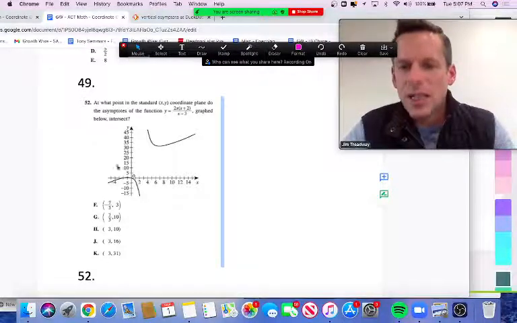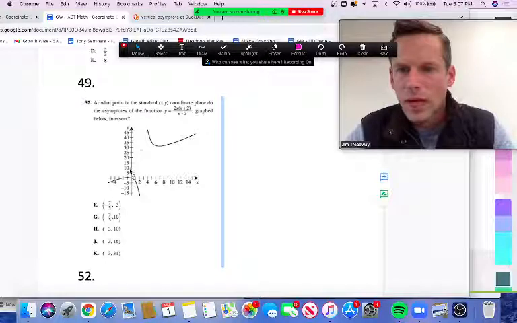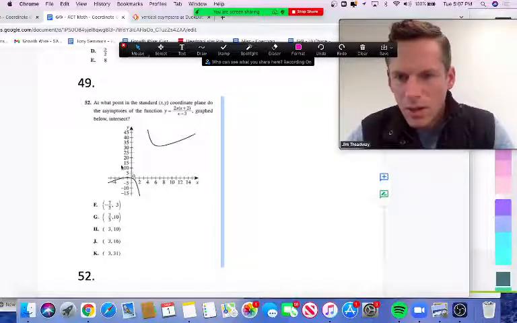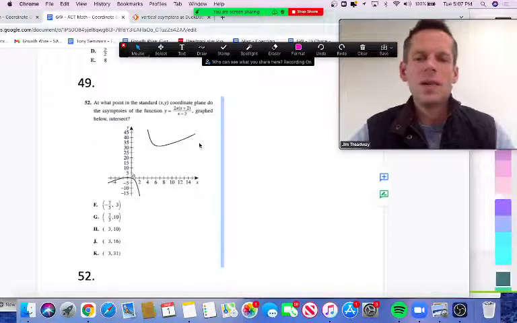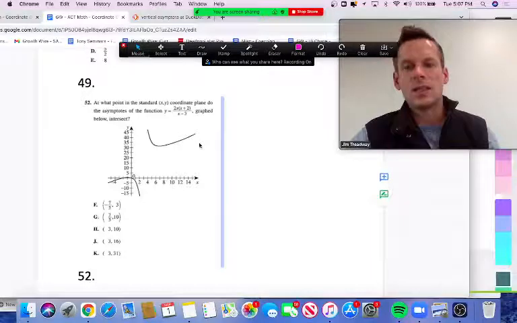And you actually have a slant asymptote that's probably come through here. Not at 310, it's too low. Not at 331, that's too high. It's coming through right at like 316.